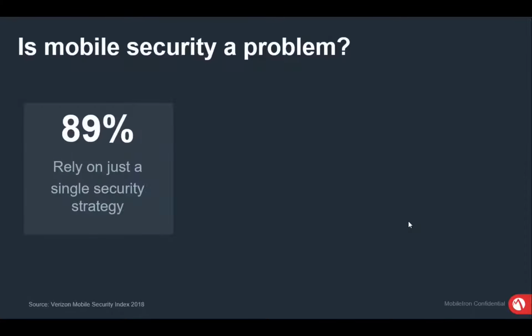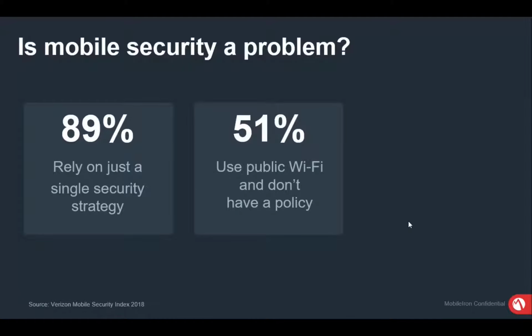Let's have a look, because 89% of organizations rely on single security, meaning once they have a passcode or a face ID on their mobile, they assume it is protected. And 51% are using public Wi-Fi, and they don't even have a security policy to check whether this Wi-Fi is genuine or an SSID from a hacker.